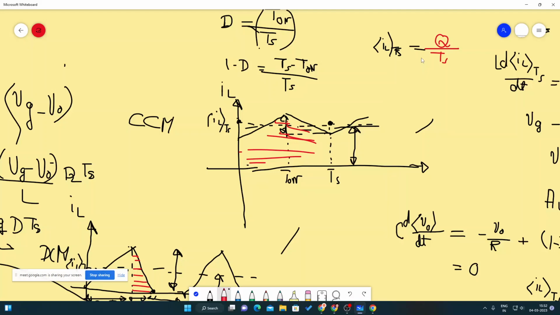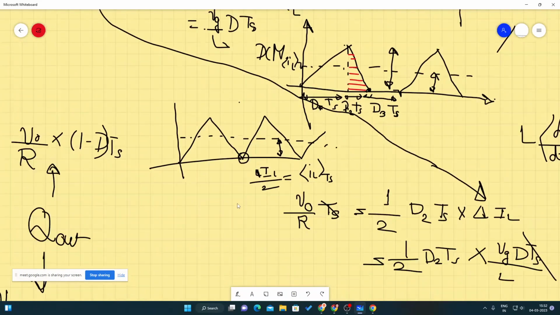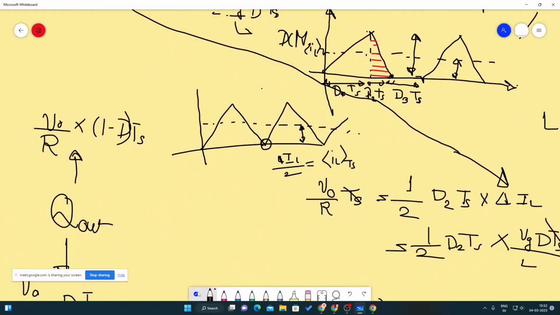Then why are we using that equation only at the critical condition to calculate critical inductance? No, what I'm trying to say is, don't go with the area. Under the critical condition, what will happen? This lowest point will touch 0.